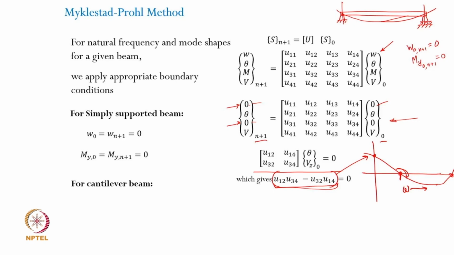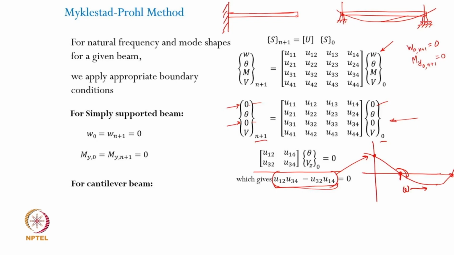For cantilever beam, what would be the difference in this case? The expression would obviously change, the characteristic equation, sort of a frequency equation in fact. So if you have a cantilever beam, the boundary conditions at the two ends will not be identical. At left hand end, what is the boundary condition for a cantilever beam?